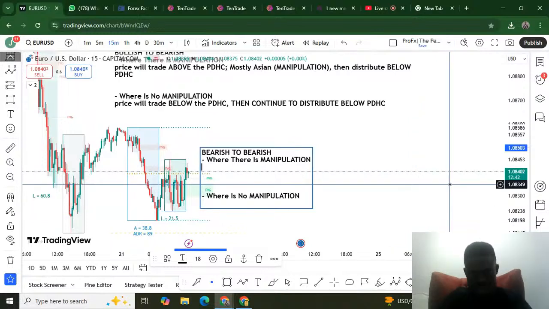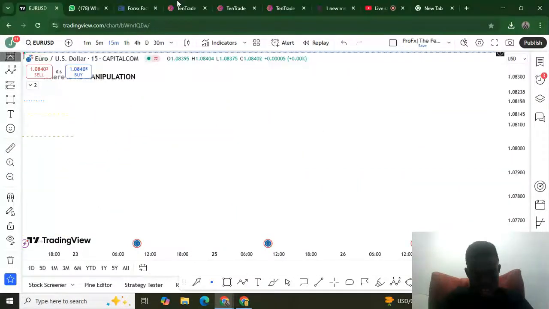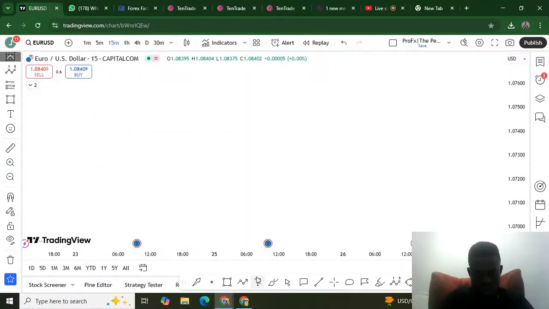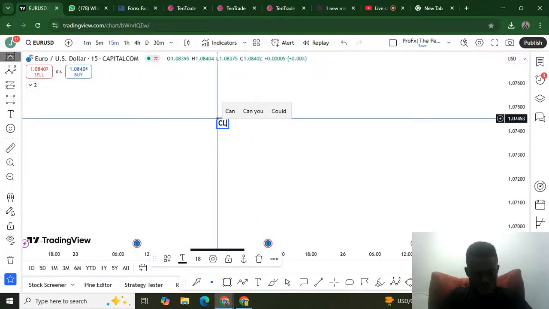That's the standard. Look at it carefully. This is the close price. If price is going above the close price, we are meant to be bullish.